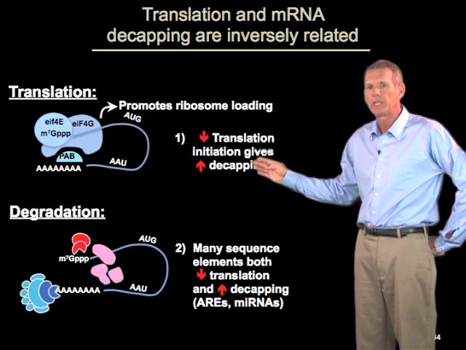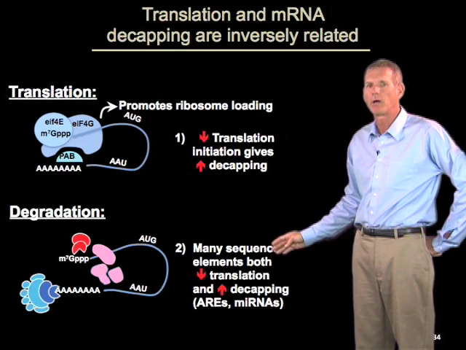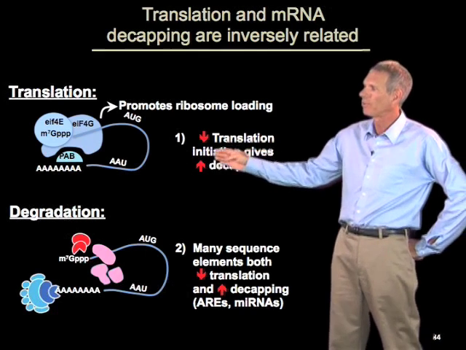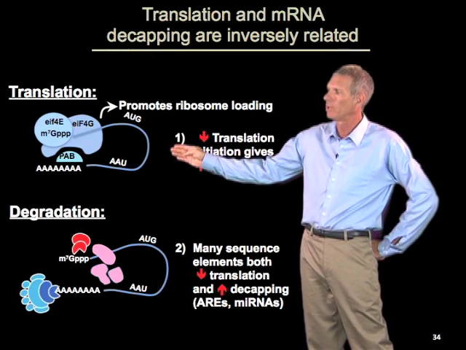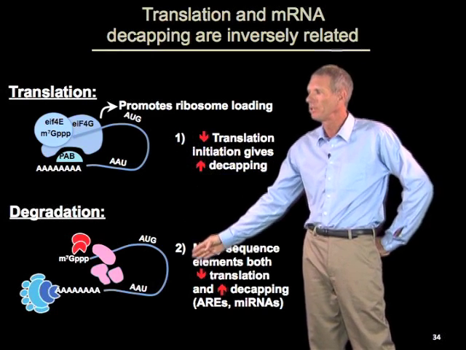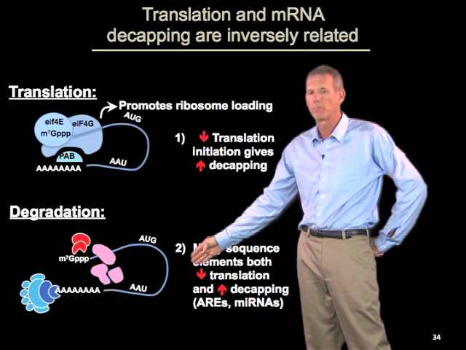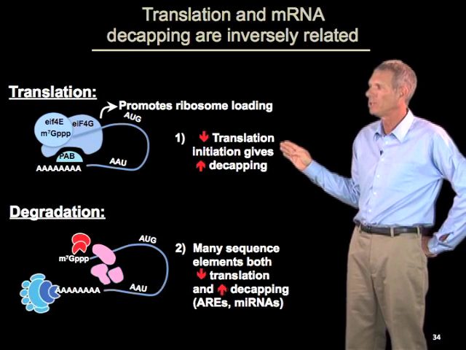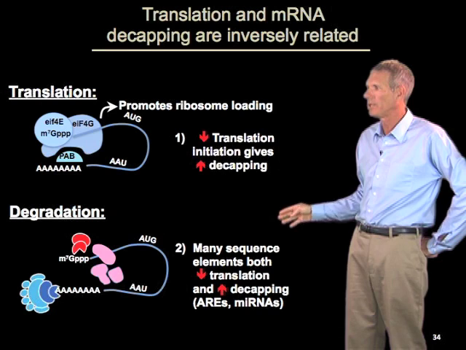So in general then, because of these 2 roles, translation and mRNA decapping are inversely related. During translation, you have a complex which promotes ribosome loading. During degradation, you lose that complex and you promote degradation. And consistent with that, various observations support this kind of inverse relationship.